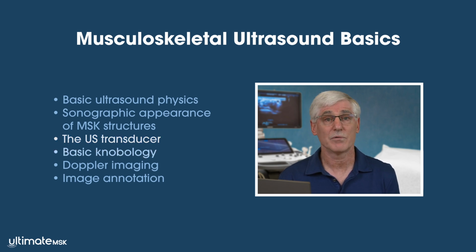I'll also walk you through basic ultrasound machine knobology to help you develop a systematic approach to image optimization. Following that, I'll introduce the fundamentals of Doppler imaging. Finally, I'll share my approach to image annotation. Let's get started.